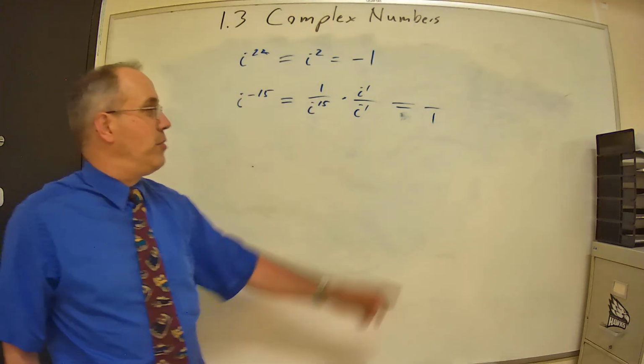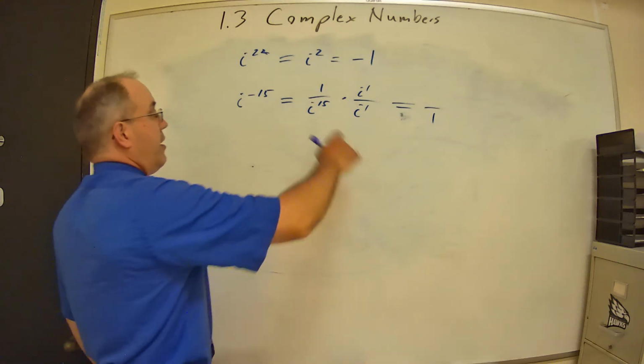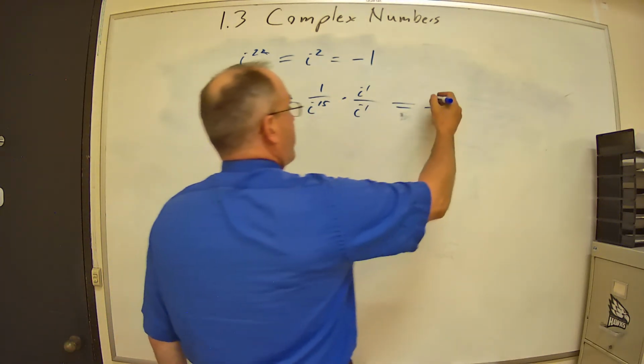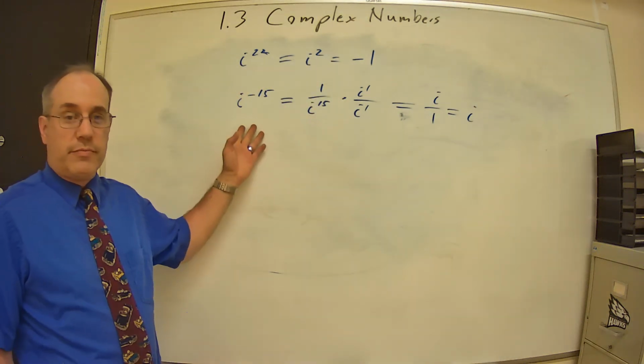You should always put the equal sign, then put your fraction. So we have that's 1, and 1 times i is i, so that's going to be i.